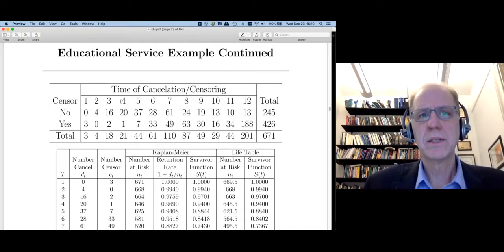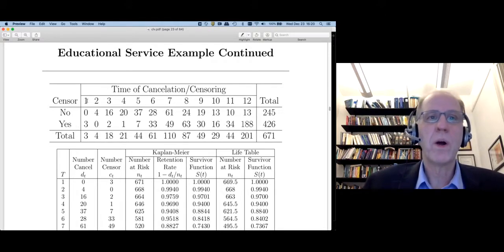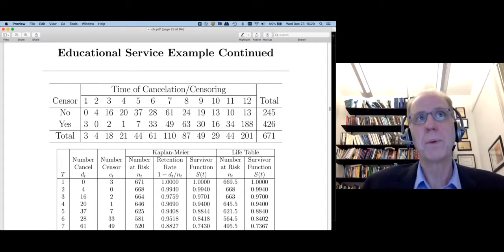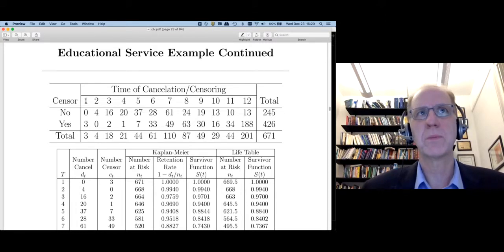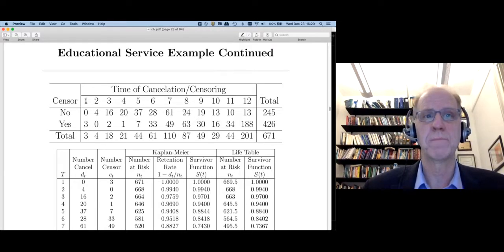So this is how far into the relationship did this happen. This is going to be the first month of a customer's life. Some of these customers were acquired in January, in which case month 1 would be January. If I had been acquired in April, then month 1 would be April. So the clock starts when I become a customer. That is what I mean by customer time as opposed to calendar time.